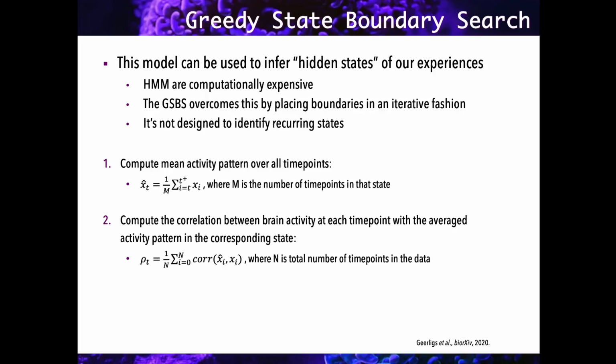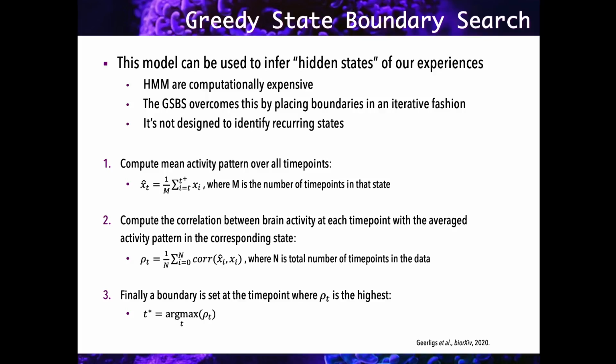Then we compute the correlation between the brain activity at the specific time point and the average activity pattern that we had just calculated in the first step. And here, bear in mind that n is the total number of time points in the data. And then we set a boundary at the time point where this correlation was the highest.